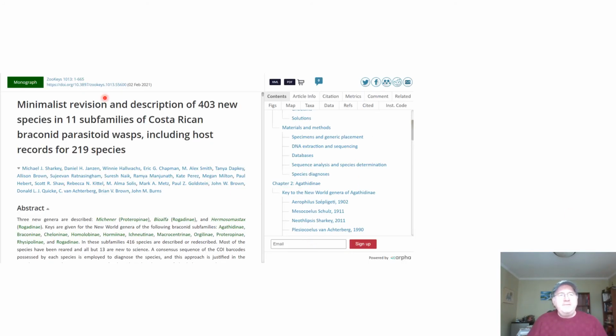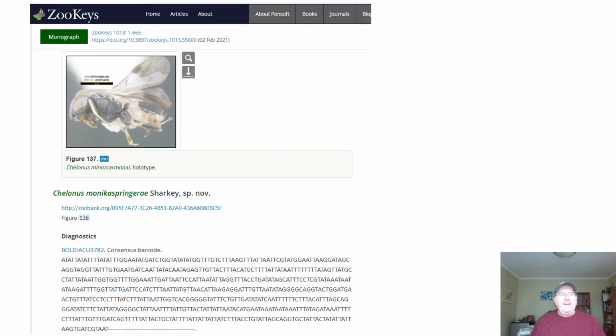And instead of 179 species, this one has 403 new species and 11 subfamilies with what they refer to as minimalist revision and description. What that means, let me show you one of these descriptions. Bingo, that's the whole thing right there.